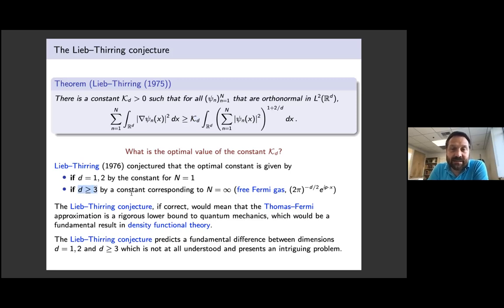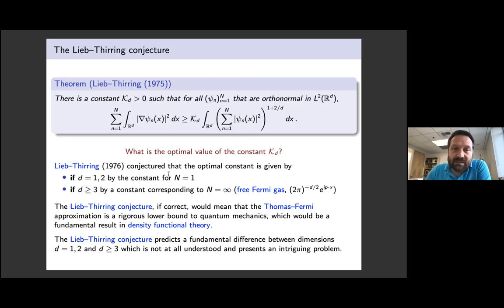Namely, in that case, what you assume is that the optimal constant is attained only in the limit where you have infinitely many such functions, and these functions together form a free Fermi gas. So they have a homogeneous density everywhere in space. And of course, in some sense, the particles stick together. It's the opposite situation from what is expected to happen in dimension n equal to 1.